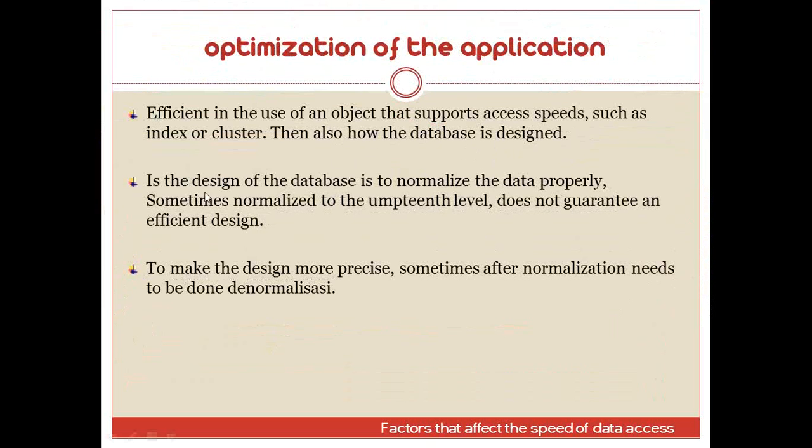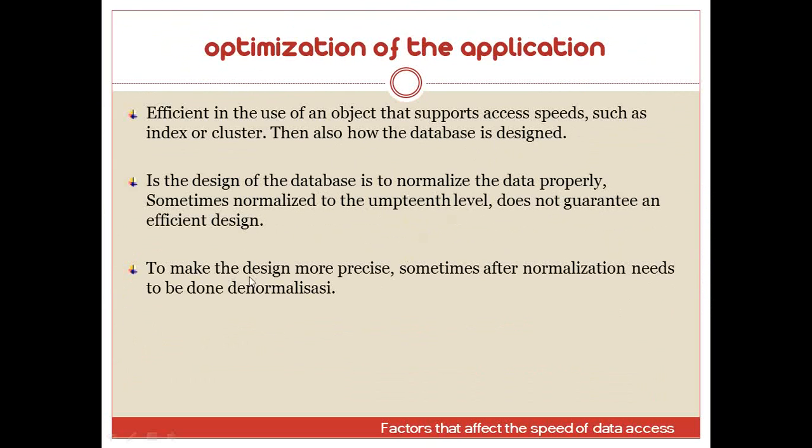It means normalizing the data properly, but sometimes normalizing to the umpteenth level does not guarantee an efficient design. So we have to look at our needs; not all tables and all data have to be normalized.